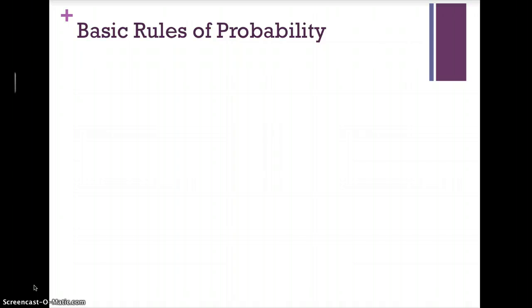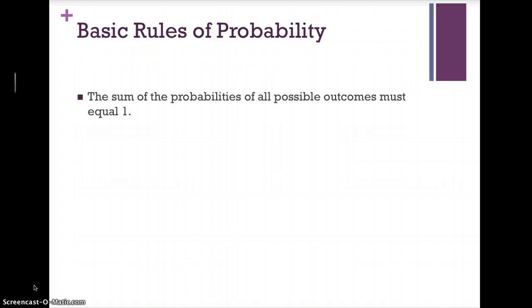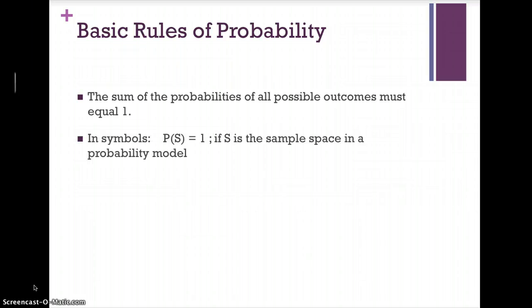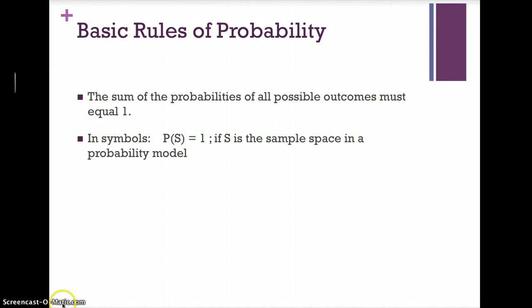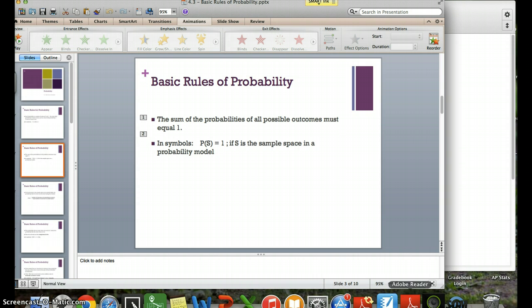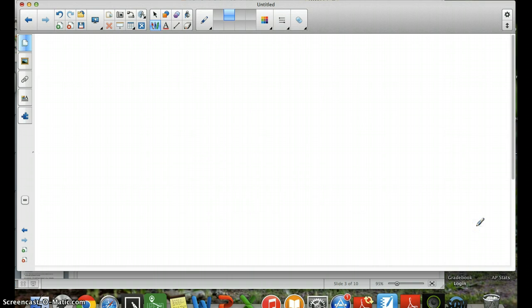Second basic rule of probability would be that the sum of probabilities of all possible outcomes must equal 1. So let me just show you guys that real quick. An easy but effective way of doing that would be as if we spoke about tossing a coin.